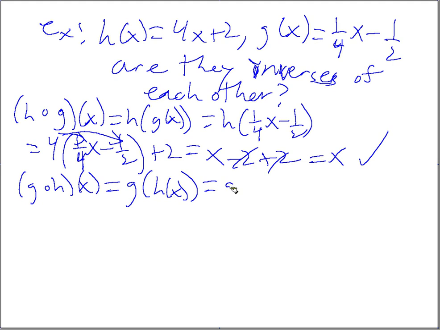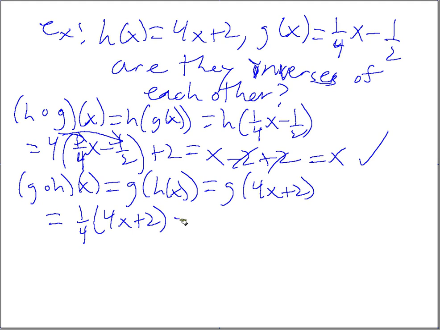So this is g parentheses 4x plus 2, which is equal to 1/4 times the 4x plus 2, minus 1/2. 1/4 times 4x, the 4's cancel out again, you get x.